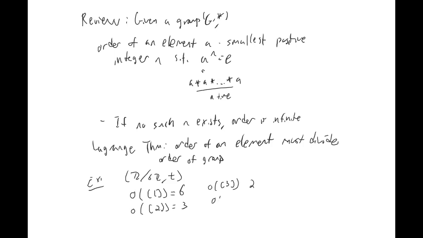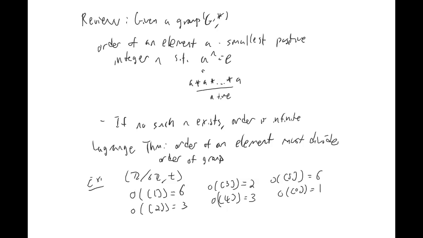Good. Order of 4? Yeah, 3. And the order of 5? 5 is coprime to 6, so that should be 6. And finally, the order of 0 is just 1. The order of the identity is always 1.